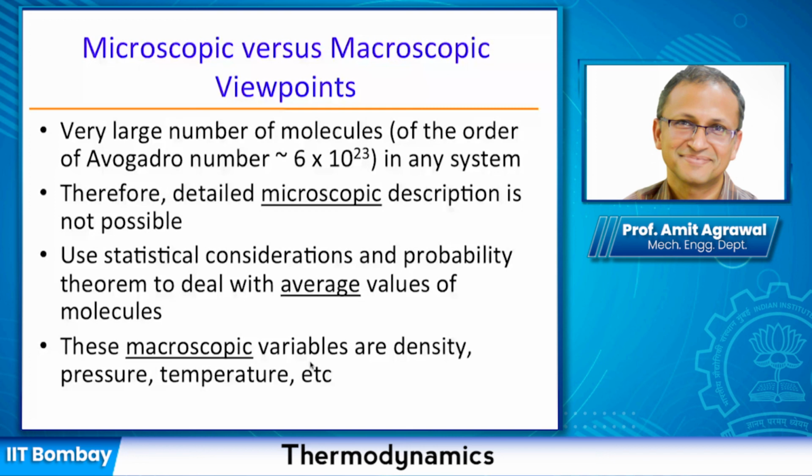When the molecules come and impinge on a surface, the momentum that they transfer to the surface is manifested as my pressure. Similarly, temperature relates to the energies of these molecules. That is my macroscopic variables that we will talk about.